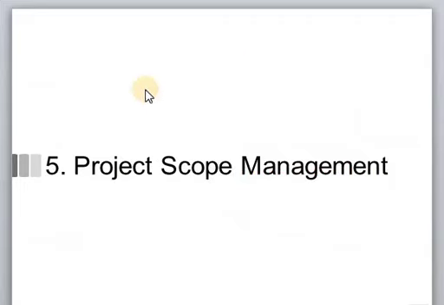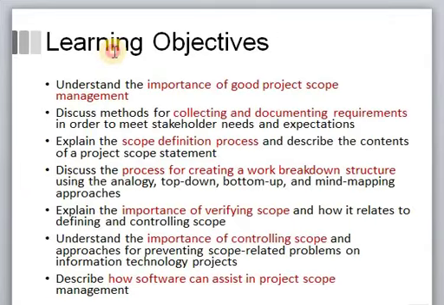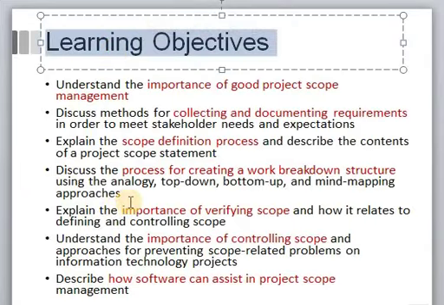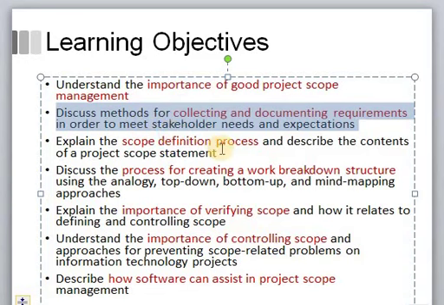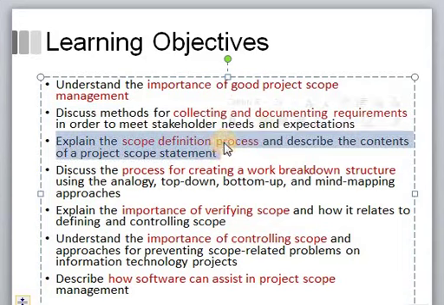The learning objectives for this particular lecture are to understand the importance of good project scope management, and to discuss methods for collecting and documenting requirements in order to meet stakeholder needs and expectations, and to explain the scope definition process and describe the contents of the project scope statement.